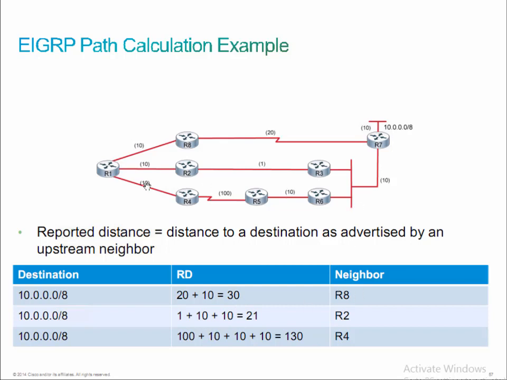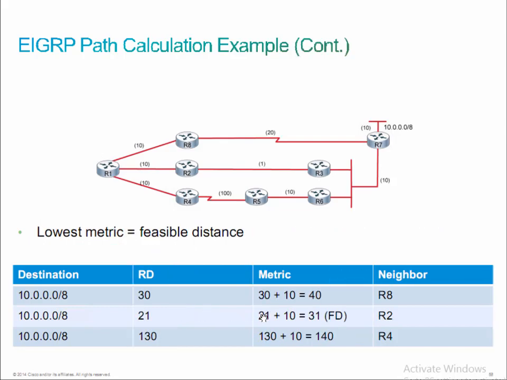The neighbor is R8, so the reported distance, I get it. Our reported distance is the 20 plus the 10, which makes sense. That is the feasible distance for R8 to reach this network. And then you have to, of course, add the cost of this link to get your overall feasible distance. So that's how they decided to do this. And then the reported distance for this link is 10 plus 1, which is 21. Add the cost of 10, that gets me my 31, and so on. You guys understand now.